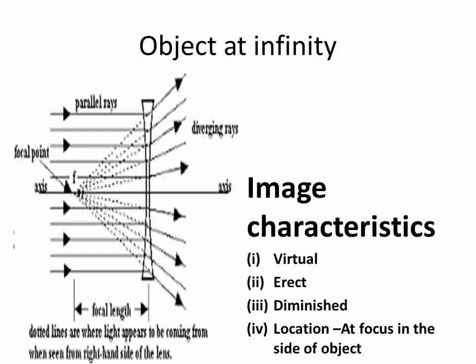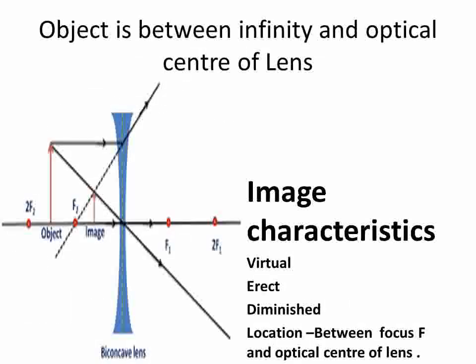Virtual images are always erect, that is, the head and foot of the image are on the same sides as those of the object. Diminished means smaller in size, located at the focus on the side of the object. Both object and image are on the same side.